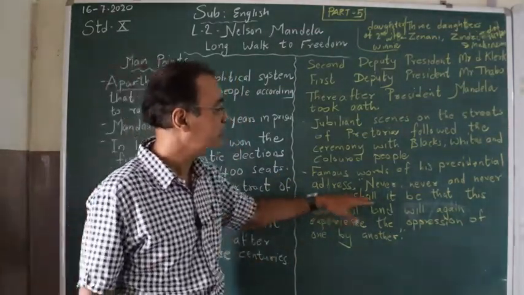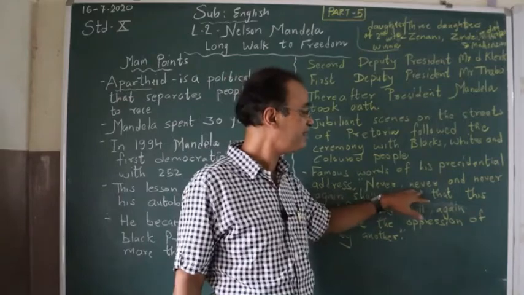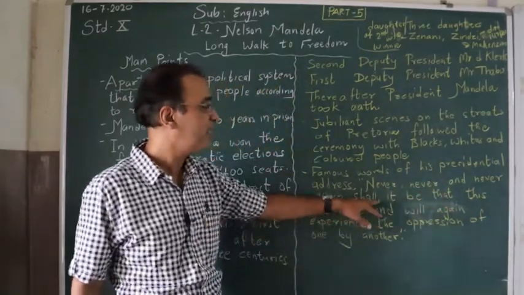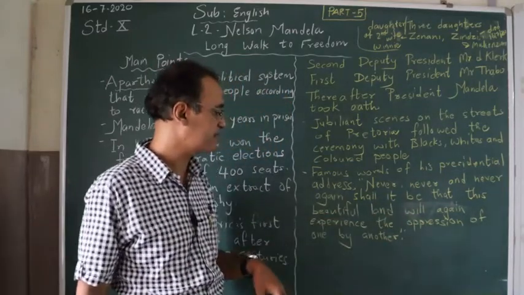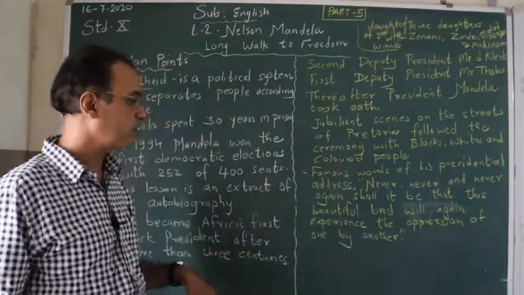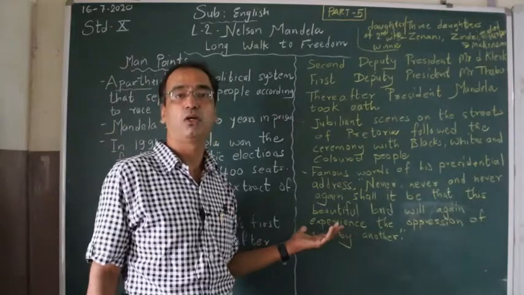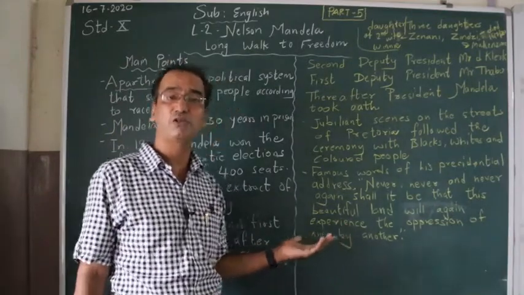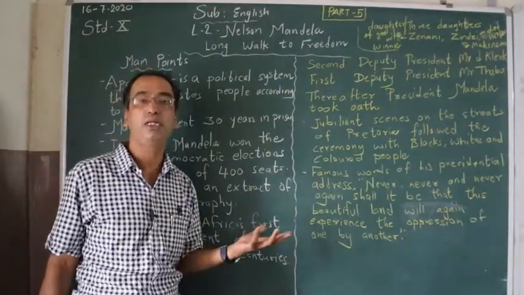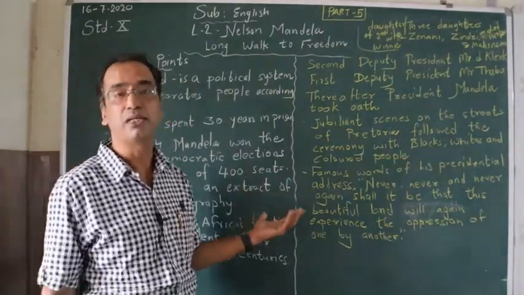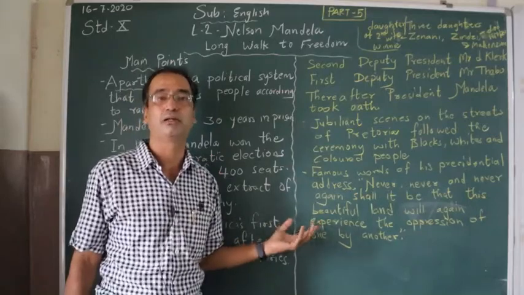When they were free, he said that never, never and never again shall it be that this beautiful land will again experience the oppression of one by another. Never again should it happen that this beautiful country becomes a colony or that foreigners rule our country. We ourselves shall rule.